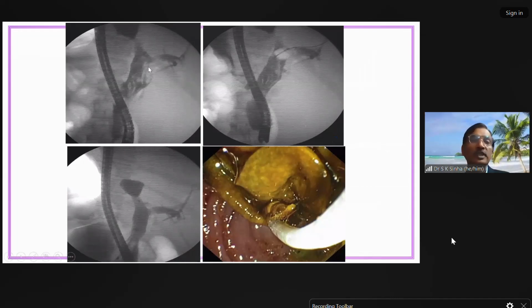So what we do most of the time, if you see a hydatid cavity out here and lots of irregular filling defects in the bile duct: what are these irregular filling defects? They are nothing but membrane, and we try to take out this membrane using the balloon. So you can see the inflated balloon out here, and this is tracking of contrast around the crumpled membrane. So this is the typical appearance you get, and what you extract, the membrane, looks like this. So this is the membrane which is being extracted.